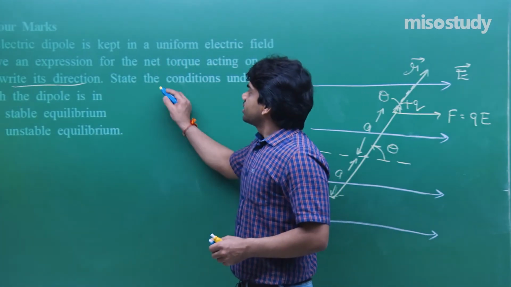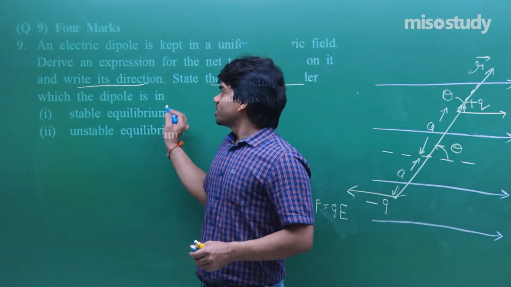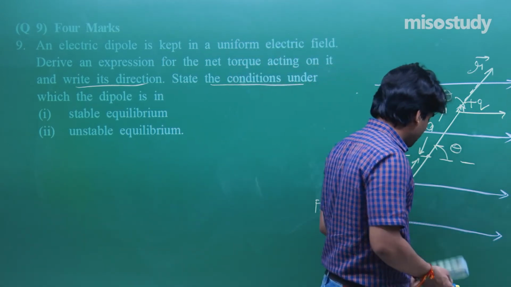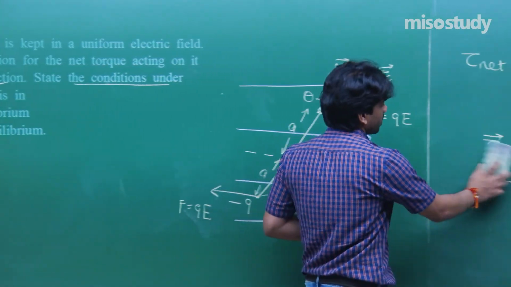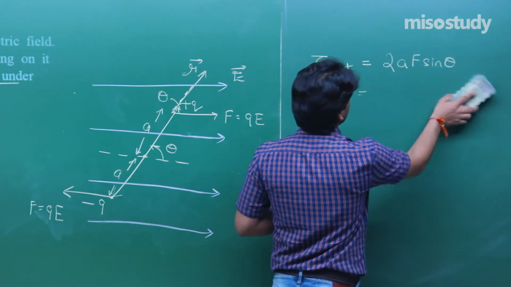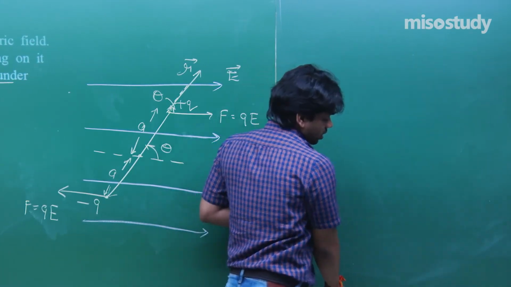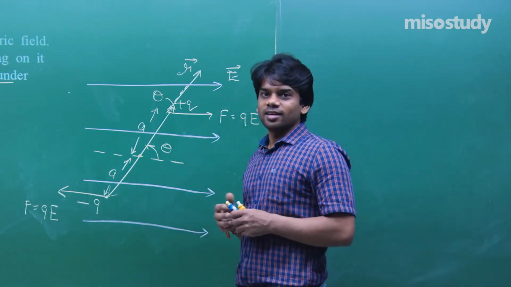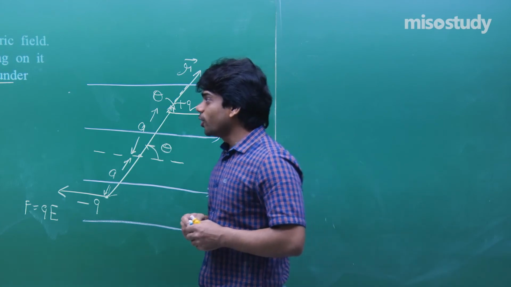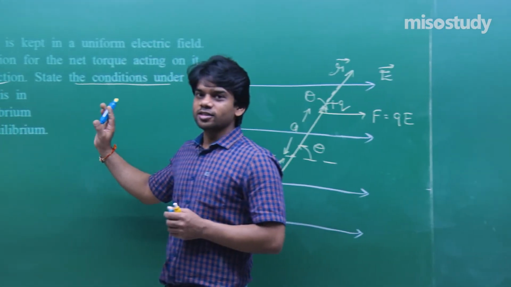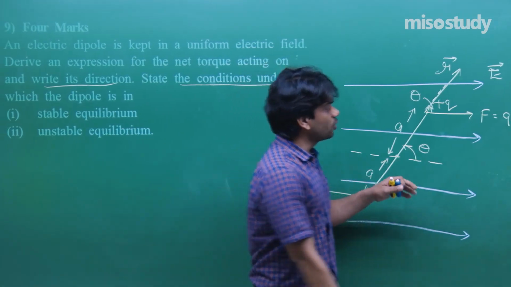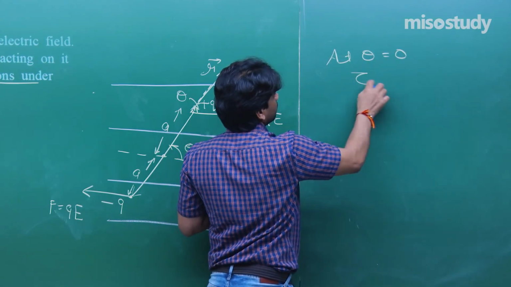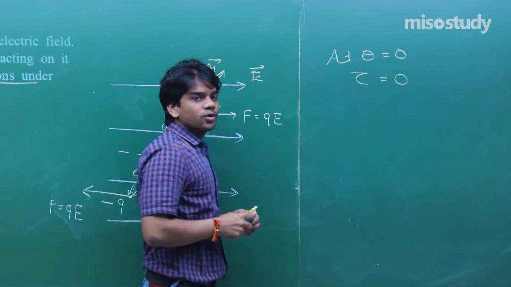State the conditions under which the dipole is in stable equilibrium, and unstable equilibrium. I hope you are remembering these points. When the angle is 0, then the torque is 0. So when this angle theta is 0, torque will be 0.